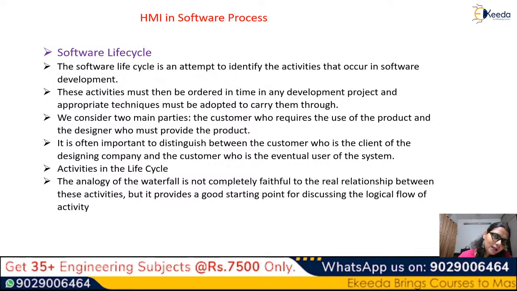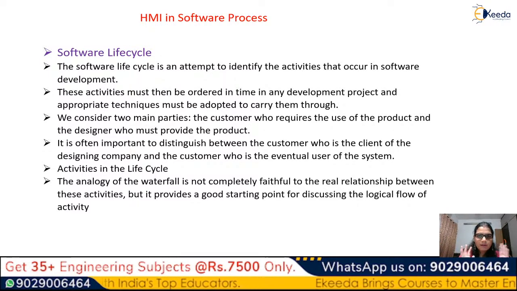Now we have the software lifecycle. Okay, now here we are in the software engineering section. Now, what happens in software engineering? All of you are aware of the software engineering process, software engineering activity. So, what exactly do you mean by software engineering? The software life cycle describes the activity that takes place from the initial concept formation for the software system until its evaluation or enhancement process. So the software lifecycle is an attempt to identify the activities.